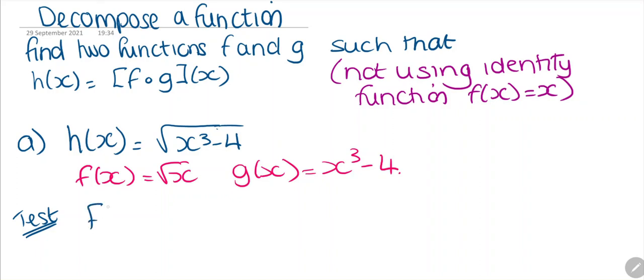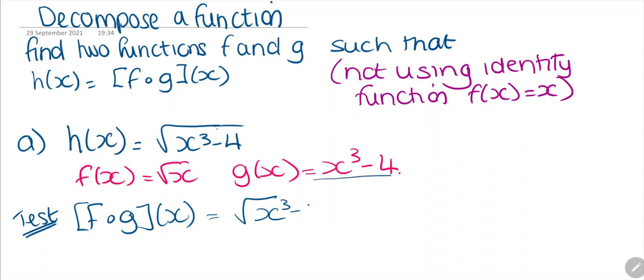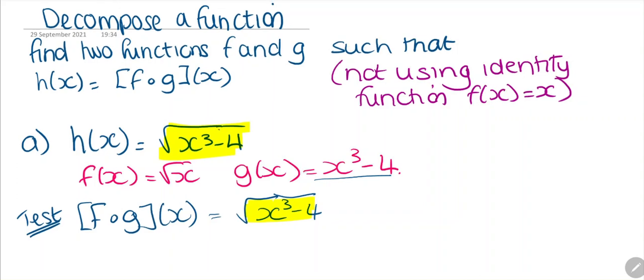So f of g of x, so this is going to be f of x is root x, and instead of x we're going to write x cubed minus 4, and then we have our h of x. So that is one possible solution. Let's have a look at another example.